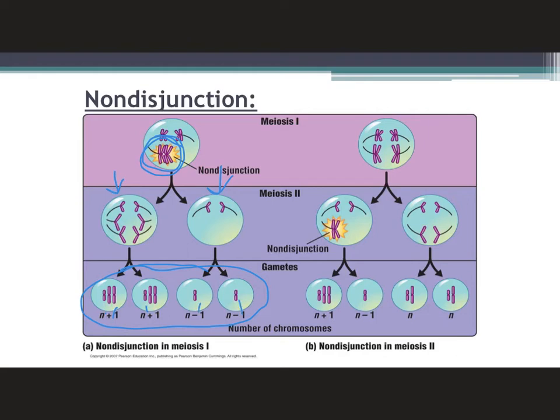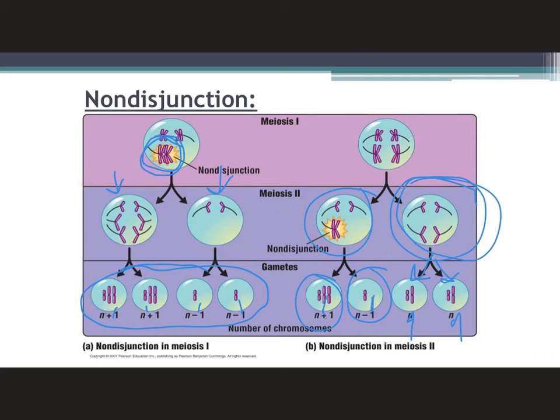Now, if non-disjunction happens during meiosis 2, then this cell is totally fine, and that's going to separate just the way it should be, and there's a correct number of chromosomes in those gametes. These 2 are going to be the ones that are affected. Again, this one having too many, this one having too few.